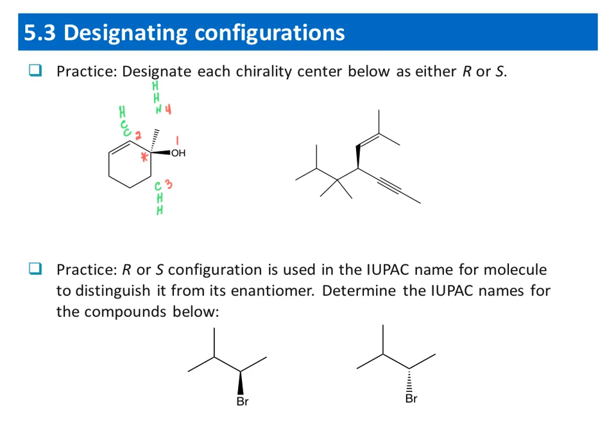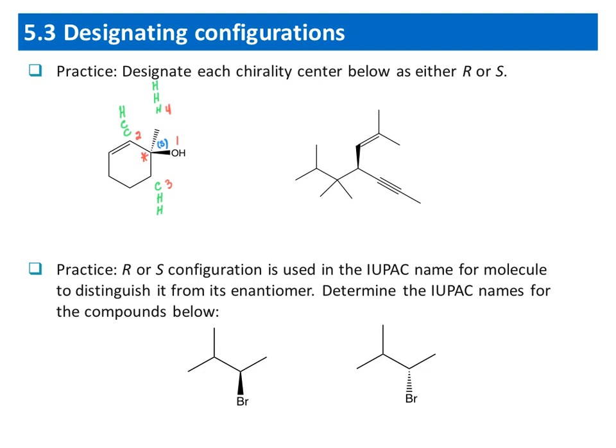Now to assign R and S, we need to count 1, 2, 3, so it is counterclockwise, and our lowest priority is in the back, pointing backwards, therefore this is S configuration.